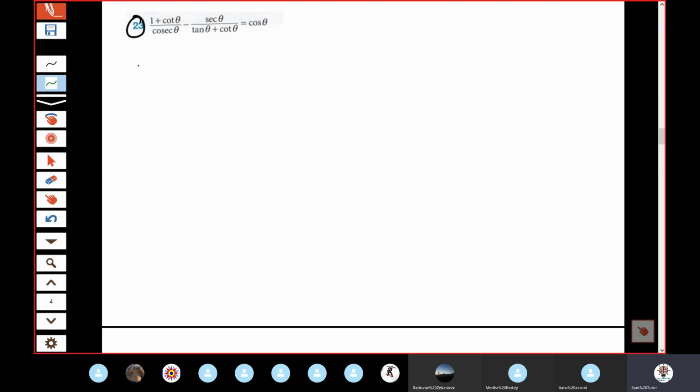Okay, I'm going to start with the left hand side. So 1 plus cot on cosec equals 1 plus cos on sine divided by 1 on sine.